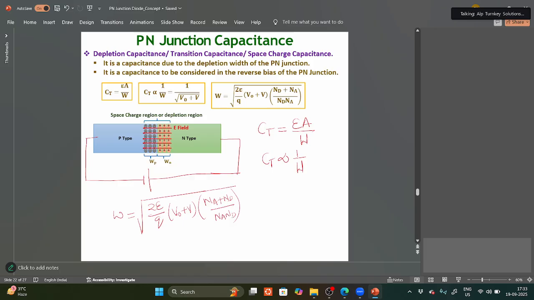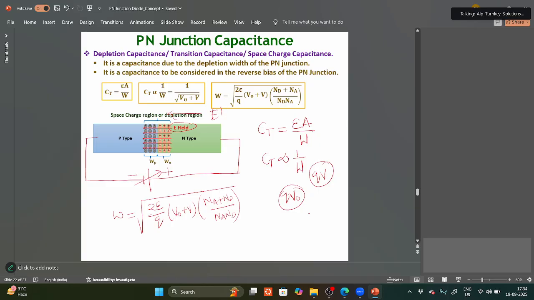Due to this, q into V0 is nothing but the electric field under no bias condition. And q into V is the applied voltage. Both are in the same direction. The electric field is from N to P, and the applied electric field is in the same direction.